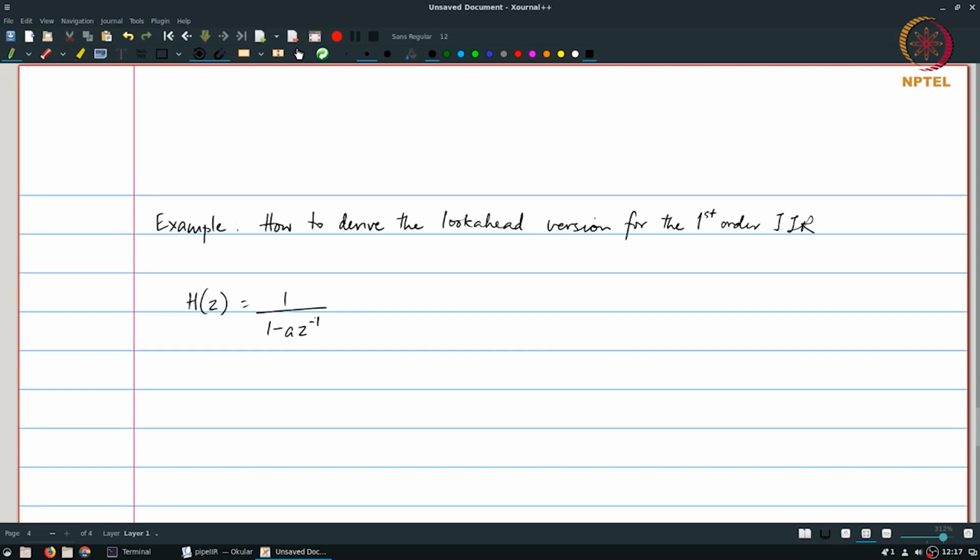Now effectively 1 over 1 minus a z inverse translates into exactly the kind of filter structure that we have originally.